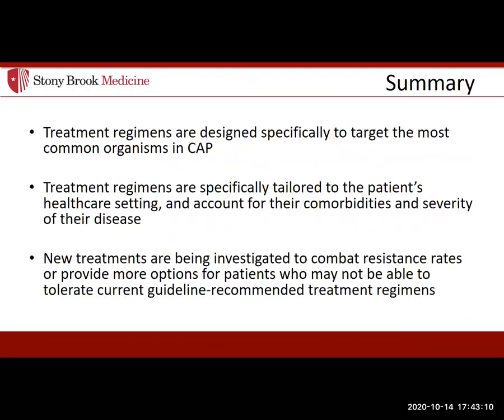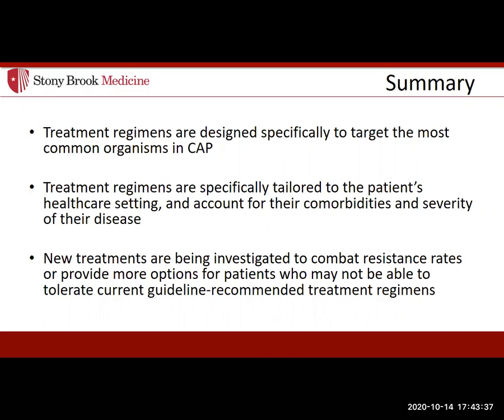Okay, so in conclusion, just to sum everything up, we now know that there are treatment regimens specific to outpatient or inpatient settings, and regimens can be further tailored based on the patient's comorbidities, severity of disease, or specific pathogens. More recently, new treatments are being investigated and approved due to rising resistant rates, especially in the macrolide class, as I mentioned before.